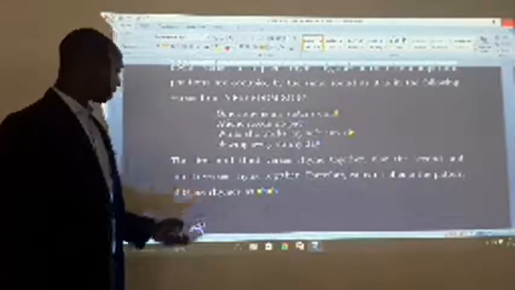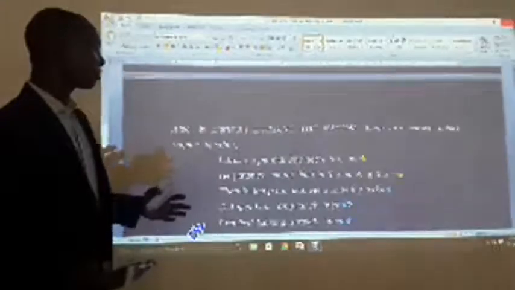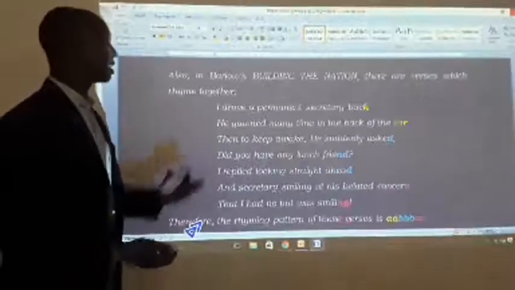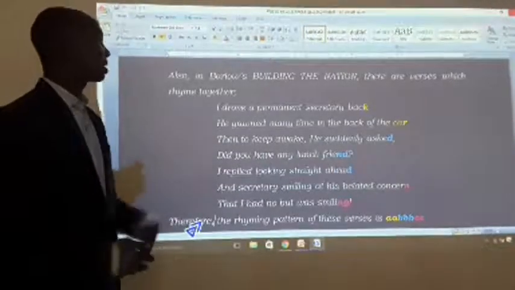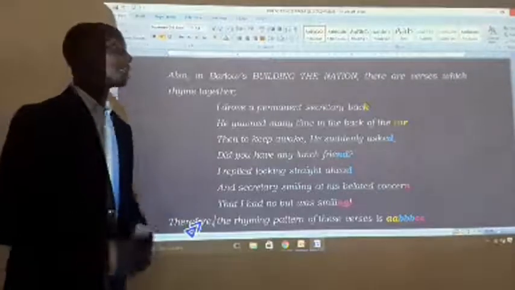Let us also see in other parts of the poem where the poets in the selected poems have applied this kind of technique.